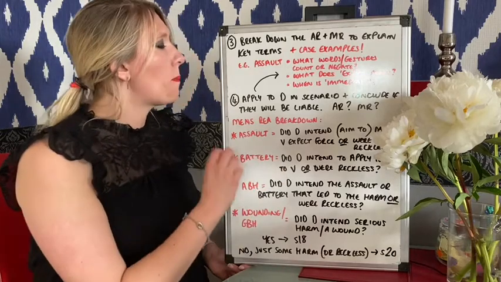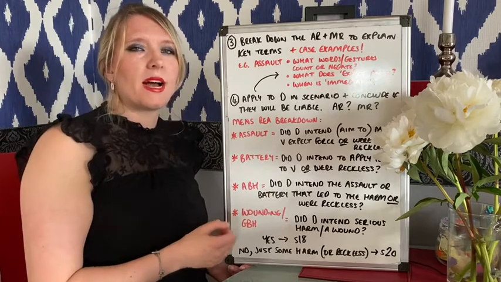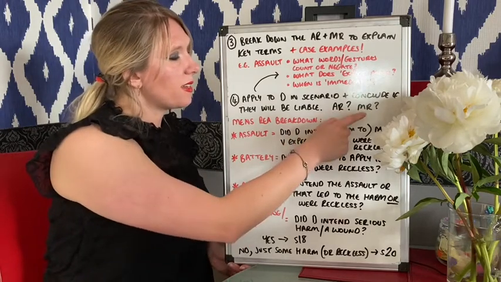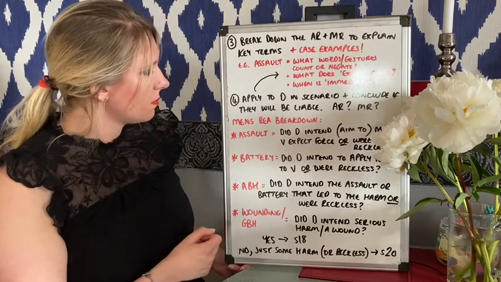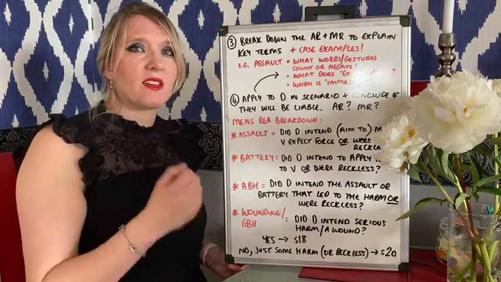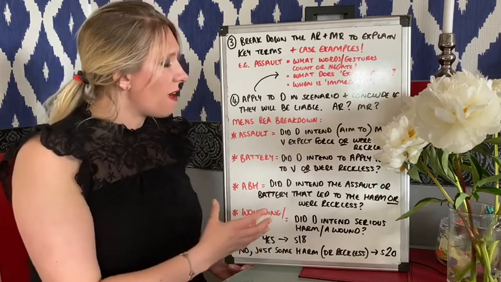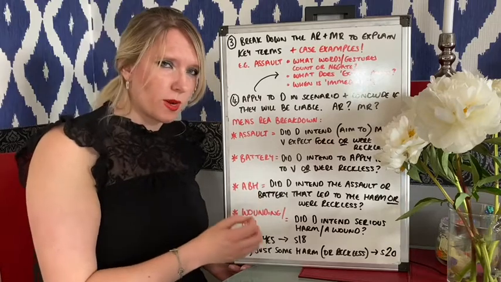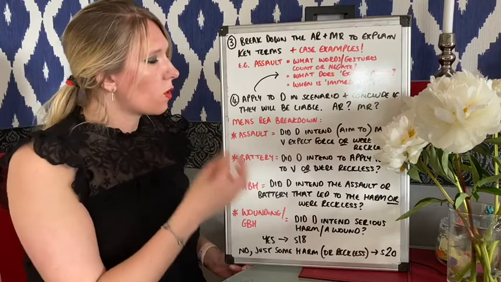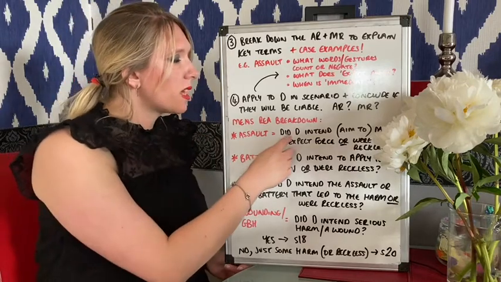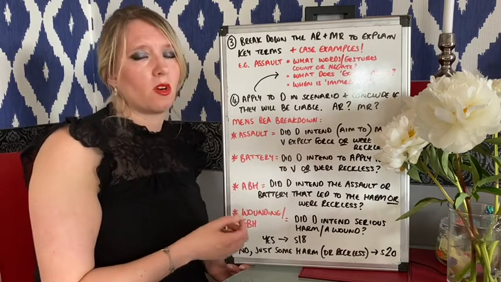Then you need to apply the information to the people in the scenario by deciding if both the actus reus and the mens rea is satisfied. Mens rea is usually the hardest. So what I've done here is just gone through a breakdown of key mens rea questions. Apply the actus reus, and then for assault, your question to ask yourself is, do you think the defendant intended to make the victim expect immediate unlawful force?